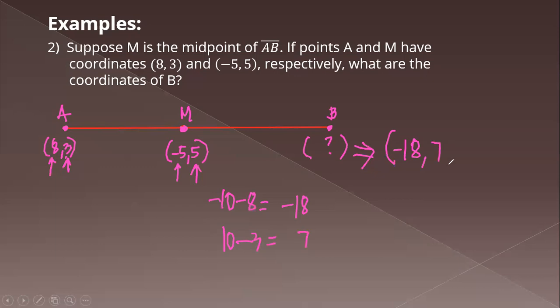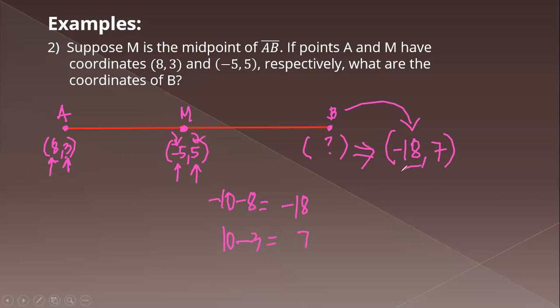So the coordinates of our B is negative 18, 7. Let's check. Negative 18 plus 8 is negative 10, divided by 2 is negative 5. So that's the midpoint. Then 3 plus 7 is 10, divided by 2 is 5.